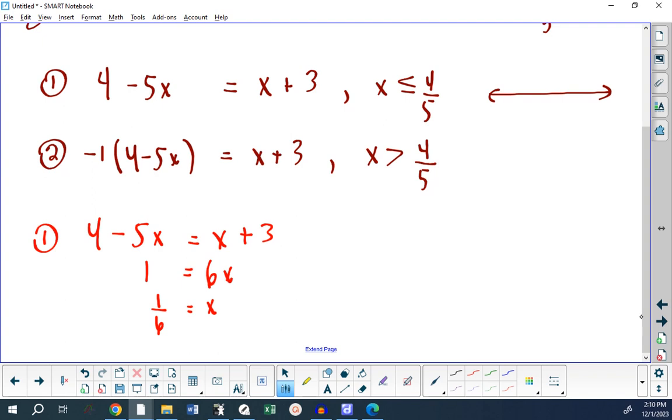Okay. You have to look at this domain restriction that x has to be less than or equal to 4/5. So you want to take your calculator and find out. I mean, you should probably know 1/6 is less than 4/5, but if you don't, take 4 divided by 5 and say, oh, this is 0.8.